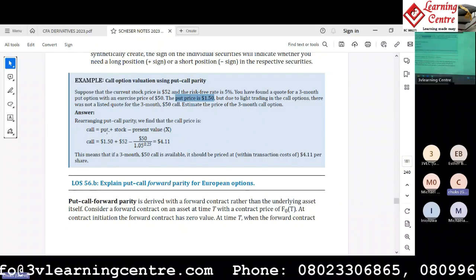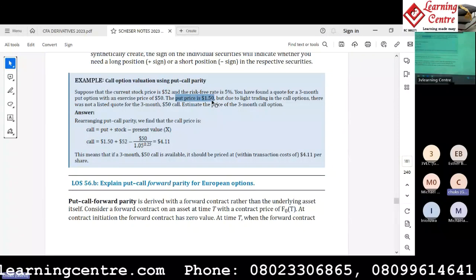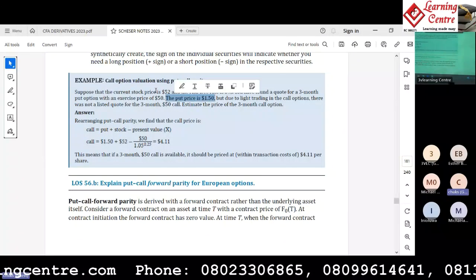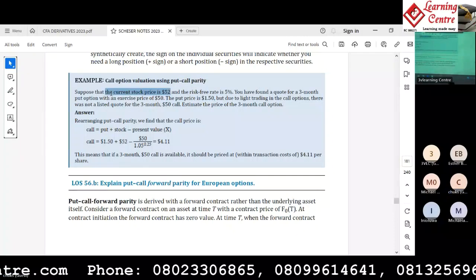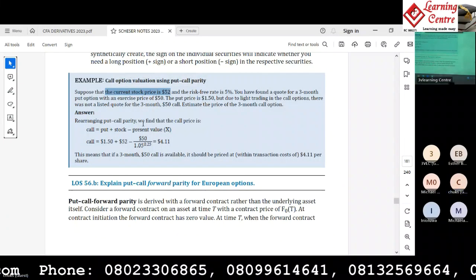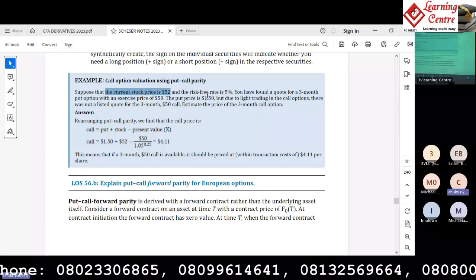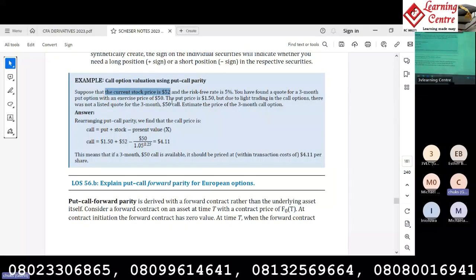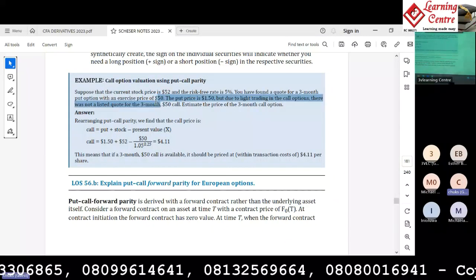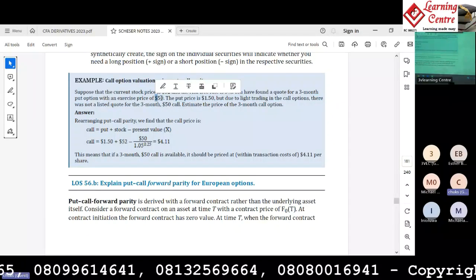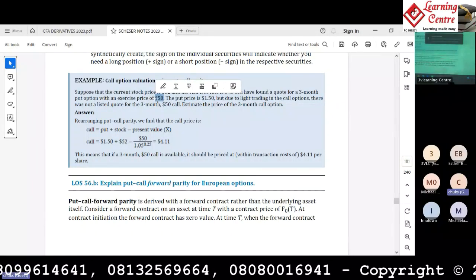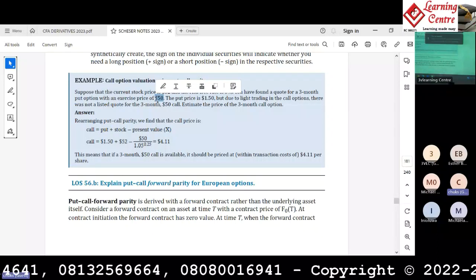In this question, they say the put price is 1.5, so we have that. The stock price is 52. Now, what is the present value of the exercise price? They've told us that the exercise price is $50, but this $50 is the price it will be in 3 months' time, so we need to discount it to the price it will be today. So this $50 is the future value.